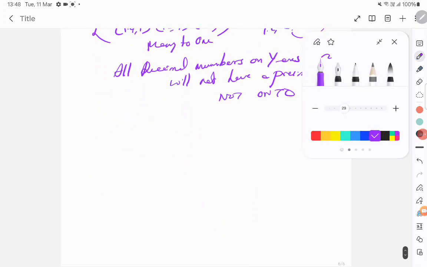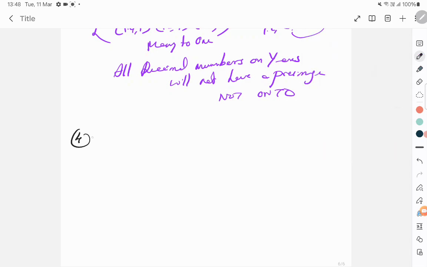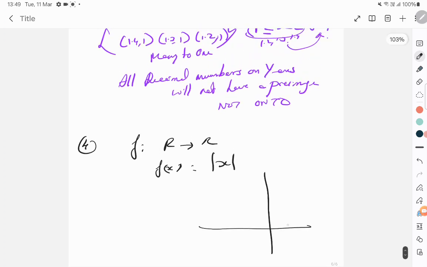The fourth question. The fourth question is, again it's from real number to real number, where f of x is equal to mod x. Real number to real number, you know mod graph, right? 1 means 1, 2 means 2, -1 also 1. So the graph is like this, this mod function, the negative numbers will also get you positive y only. Correct? So it's many to 1.